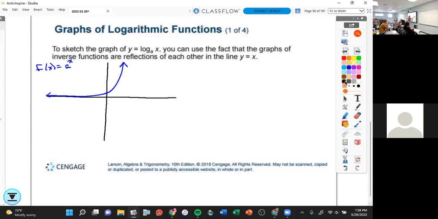Well, an inverse function is a reflection across the line y equals x. So here's the line y equals x. I want to graph g of x equals log base a of x. These two functions are inverses. Can you tell what it's going to look like if I reflect it across that line?